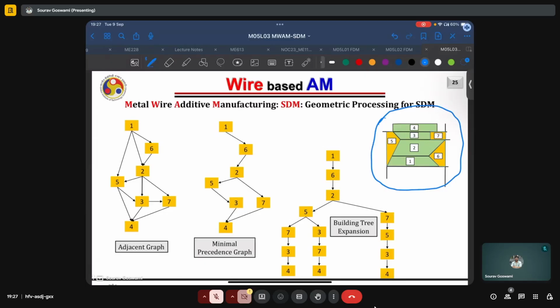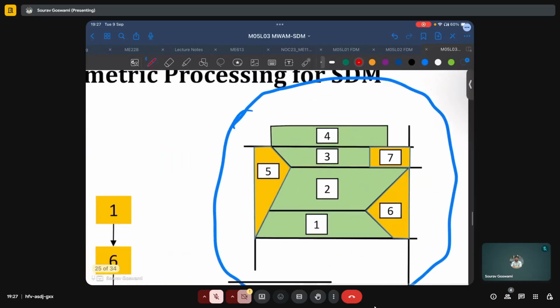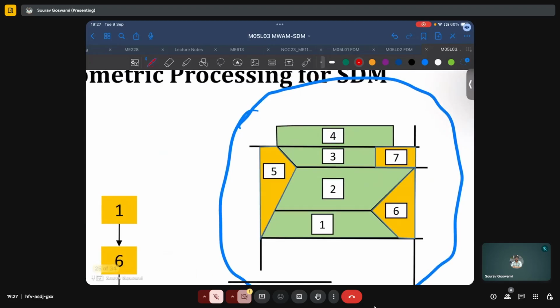The first step is to identify all the unsupported faces, other overhanging features, such as this face of 2 is unsupported, then this face of 5, this face of 3 here, as well as this face of 6.